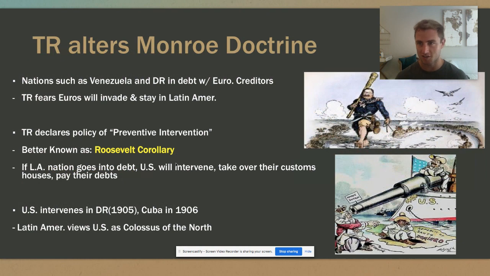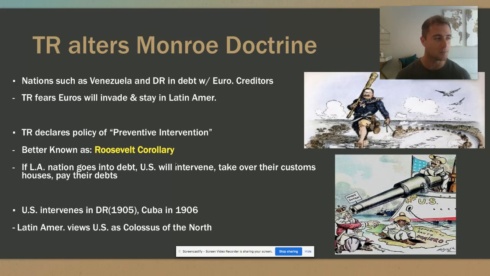And this certainly will not help in relations with Latin America, because Teddy Roosevelt is a social Darwinist, as I've said, and he is going to be very heavy-handed in Latin America and the Caribbean. We see many countries in Latin America start to become in debt, with many upturns in their politics, the Caudillos seizing power, Venezuela and the Dominican Republic, two of these such countries that are in deep debt with European creditors.